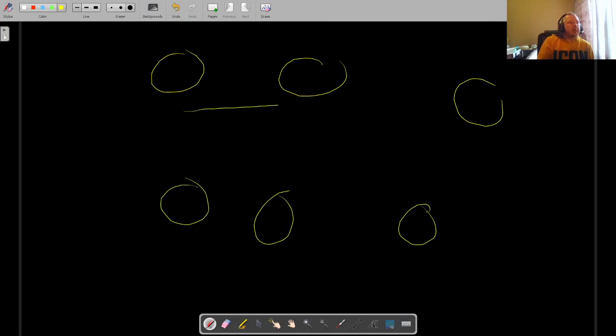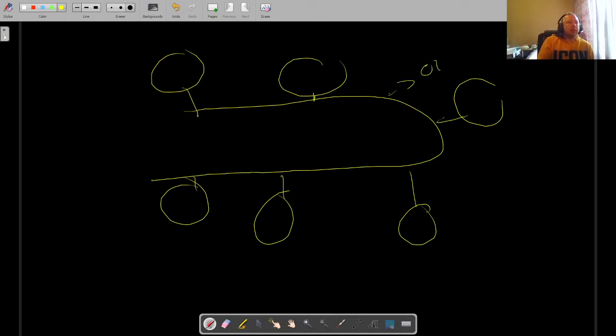It can only carry one voltage or one signal at any point in time. So if I have a network with computers and I have a cable that connects all of these computers together, like we just learned, it can only carry one signal.